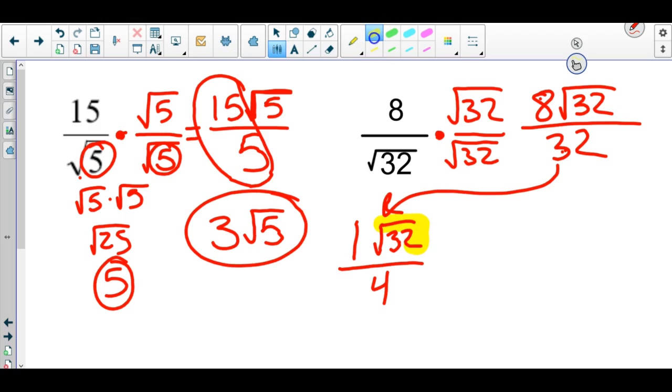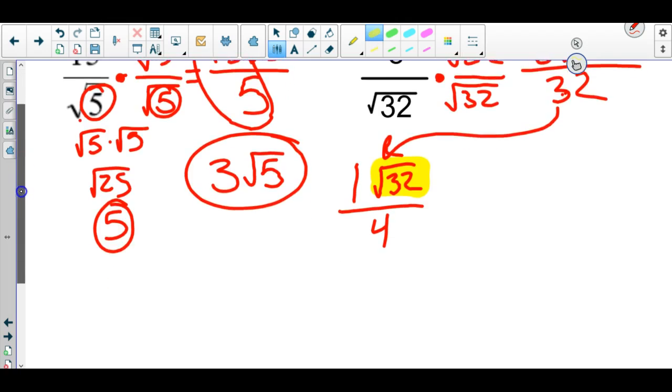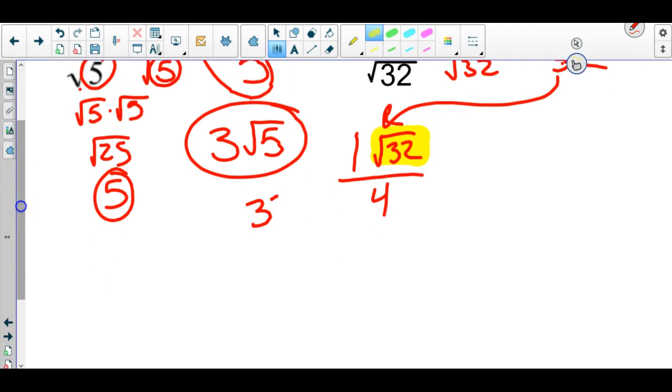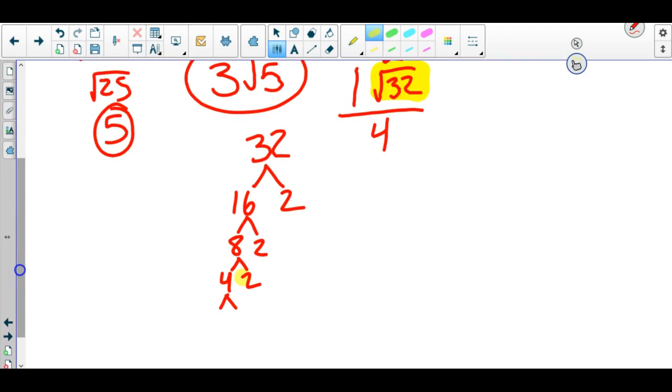So my next thing is to simplify root 32. Which is 16 times 2, 8 times 2, 4 times 2, 2 times 2.